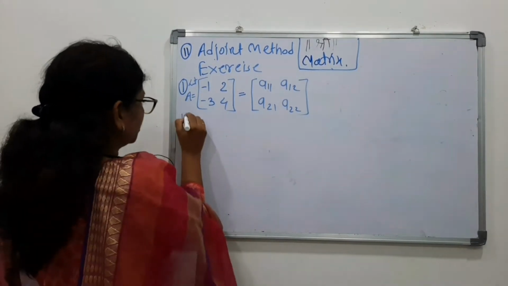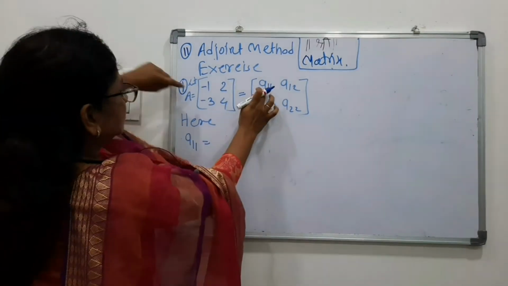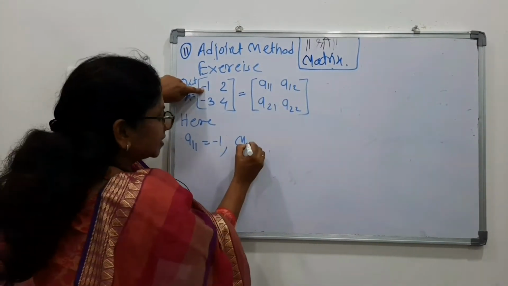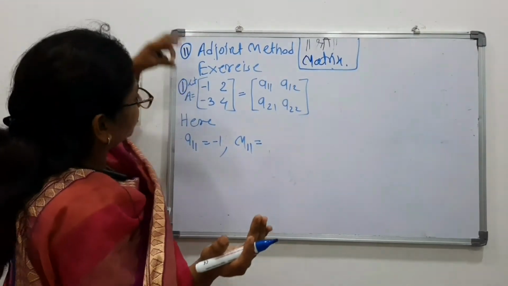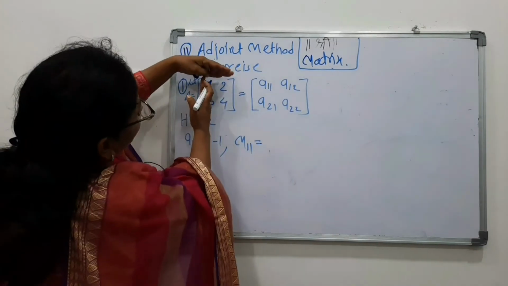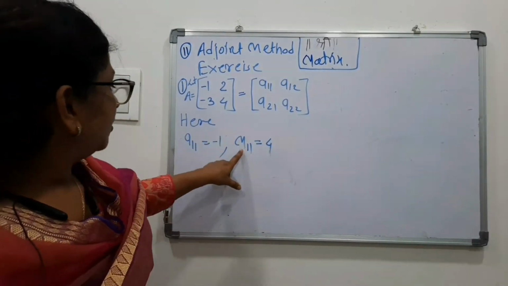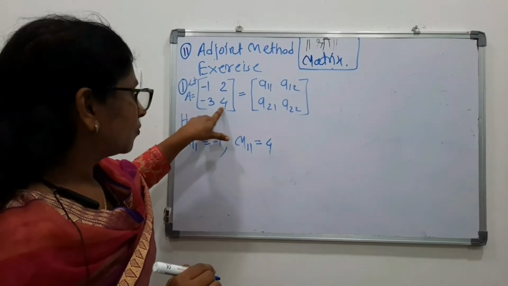So here, what is a11? a11 is -1. The minor we will denote as M11. Now how to find it? By definition we have to delete this row and this column. What remains? Only 4. So the minor of this -1 is 4.